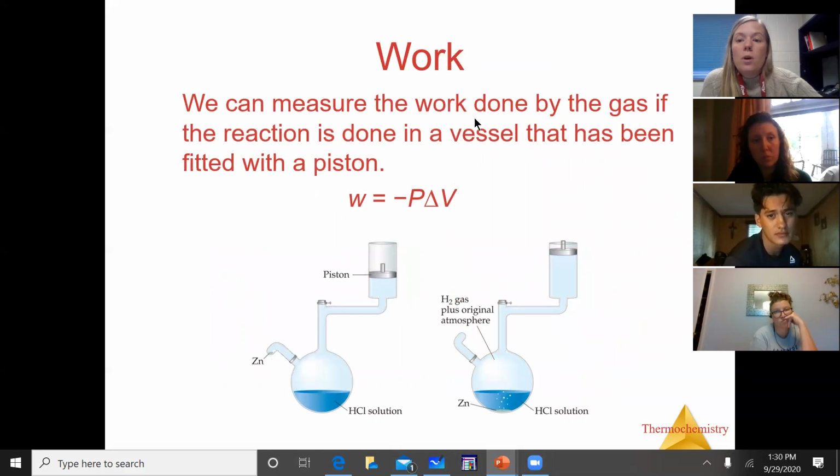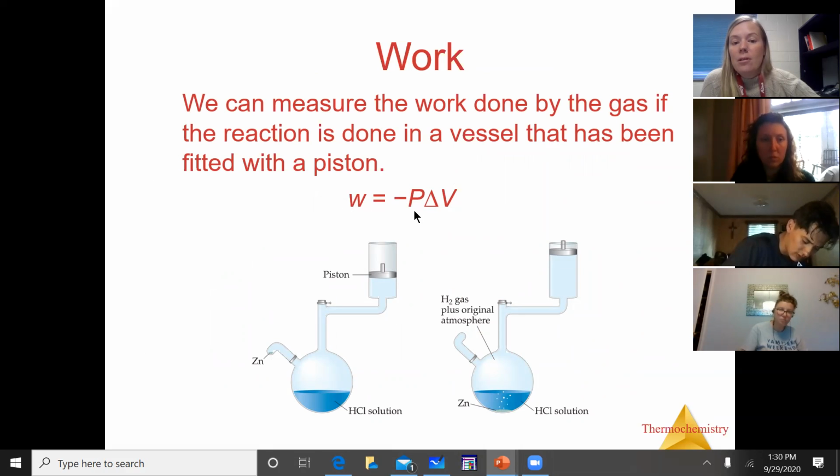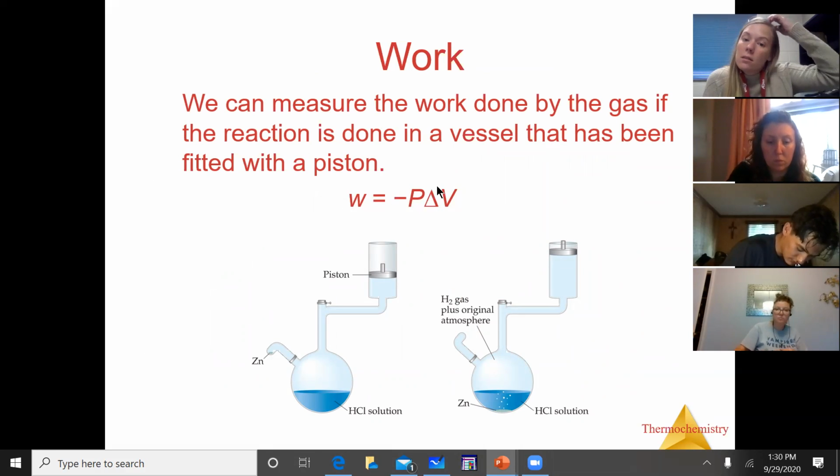So we can measure the work done by a gas using this simple equation here. Work is going to equal the negative pressure times the change in volume.